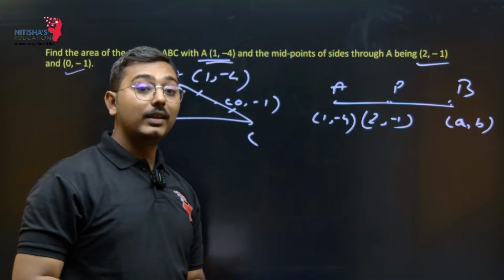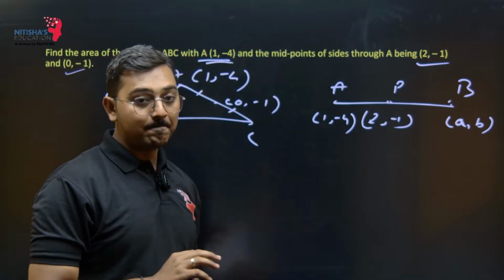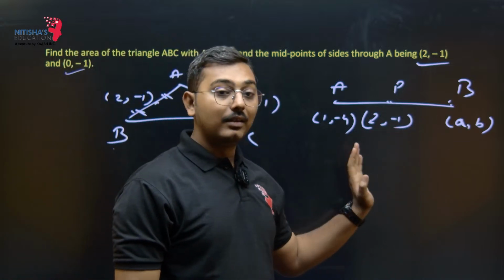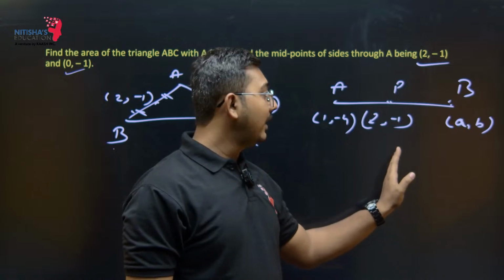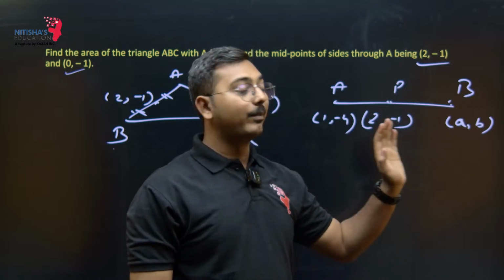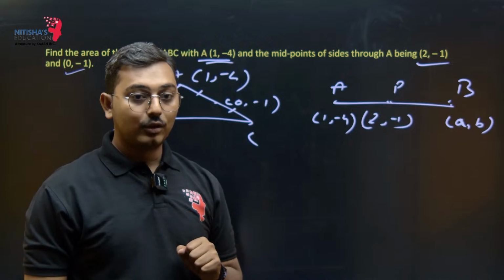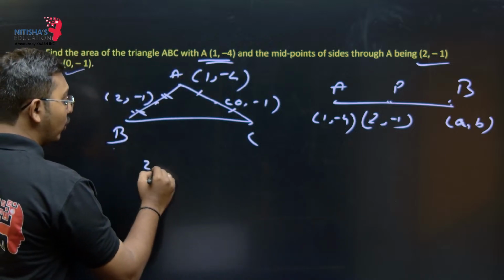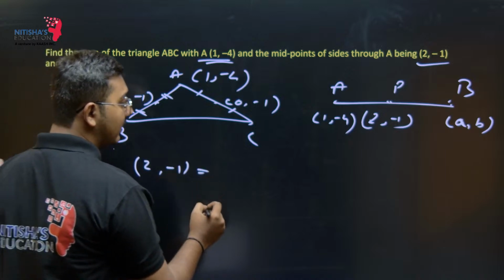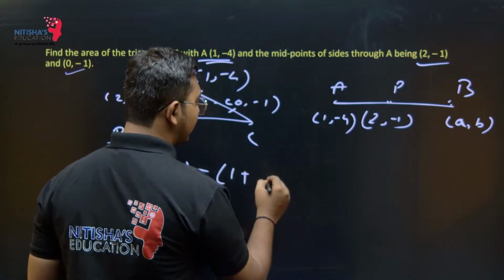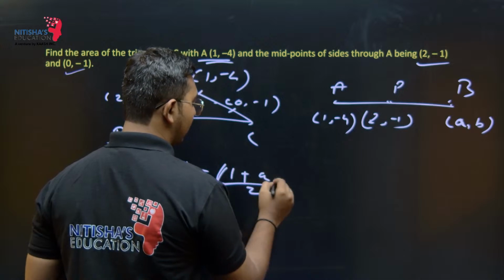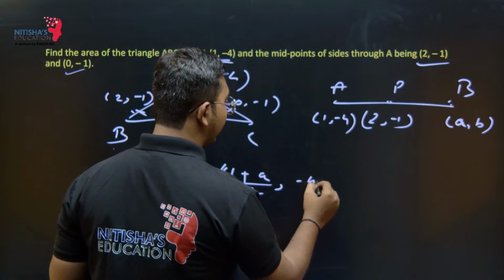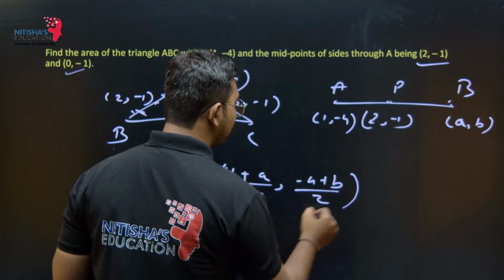So over here in this midpoint theorem, the coordinate which is in the middle is provided to us, but the exterior coordinate is not provided to us. So we will use the formula in such a way. 2 comma minus 1 is equal to 1 plus A divided by 2 comma minus 4 plus B divided by 2.